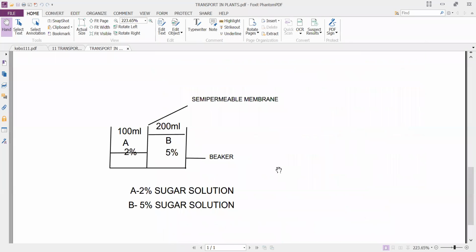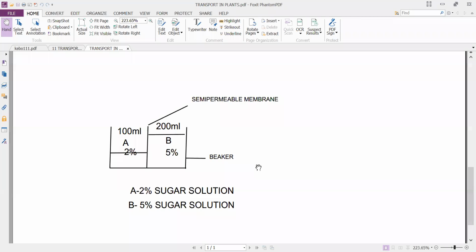In a potato osmometer, they take a potato and peel the outer layer, because the outer layer is covered with a cuticle. The cuticle is impervious to water, so they peel the cuticle, the outer layer of the potato.